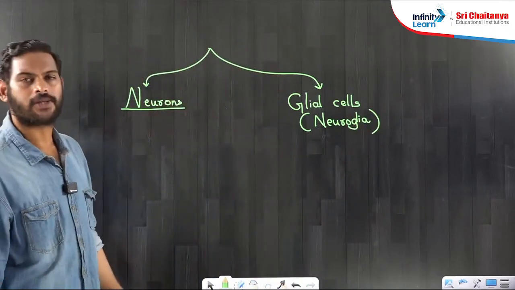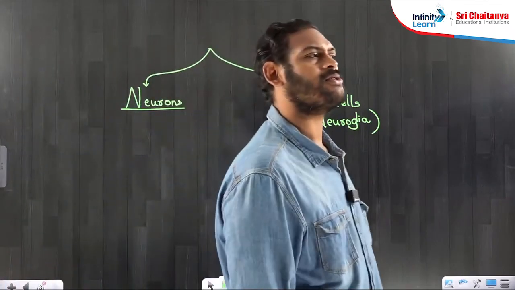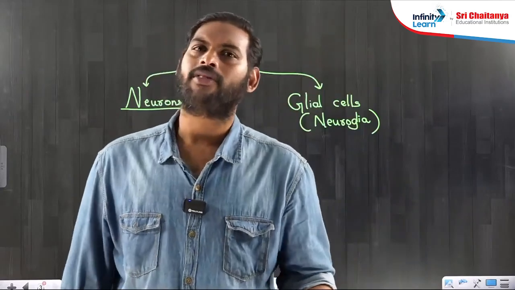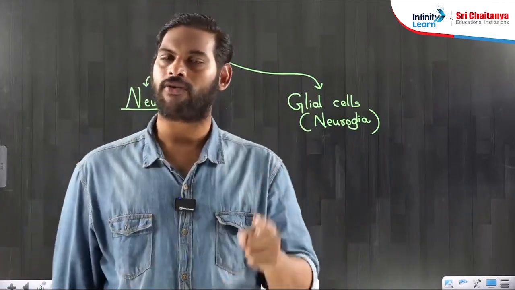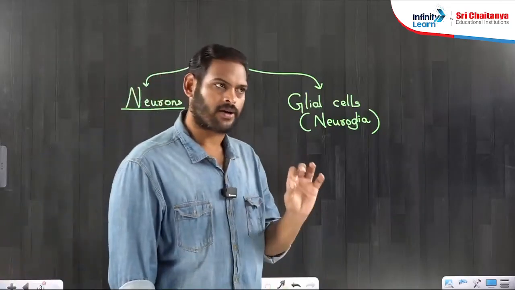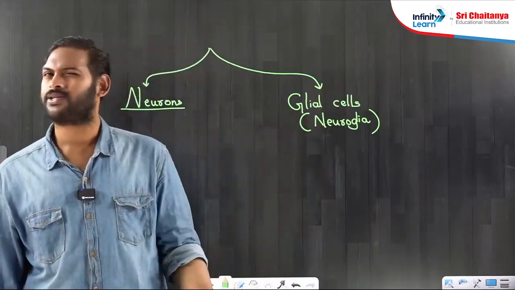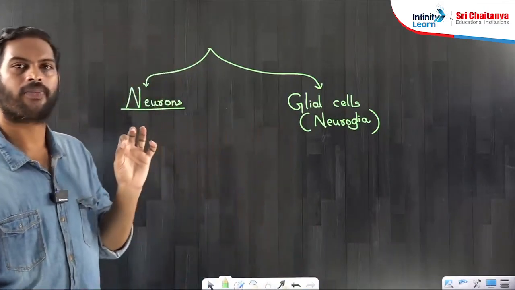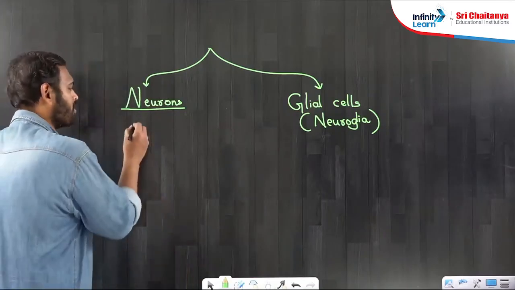And for your surprise, most of our nervous system is not neurons. More than 60%, between 60 to 70% of your nervous system is composed of glial cells, and almost 30 to 40% of our nervous system is actually made up of neurons, the nerve cells.